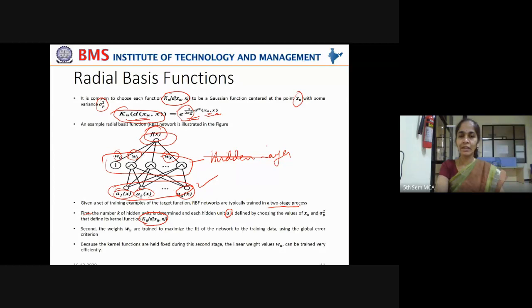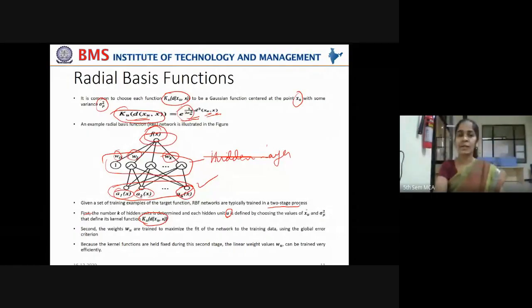Okay, so what is this kernel function? It is the distance between the new instance and the existing instance. How is it defined? It is defined with the help of xu and the variance, that is sigma mu square.